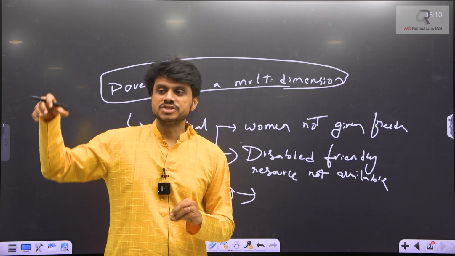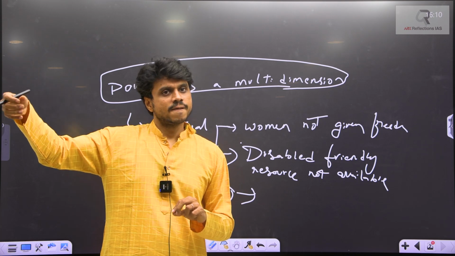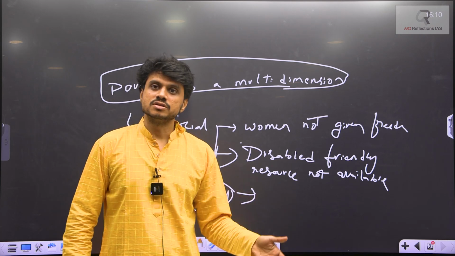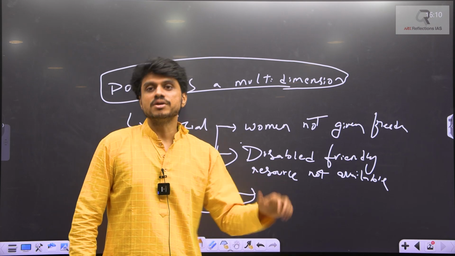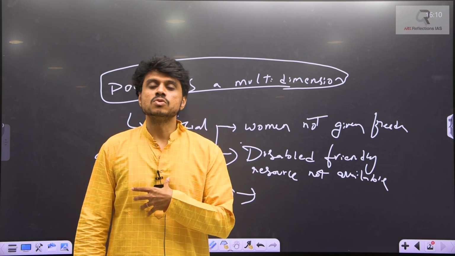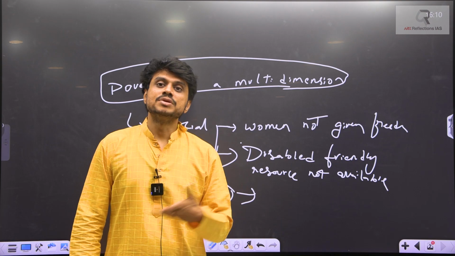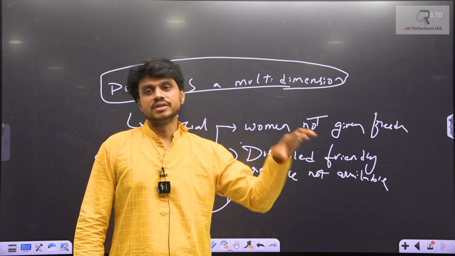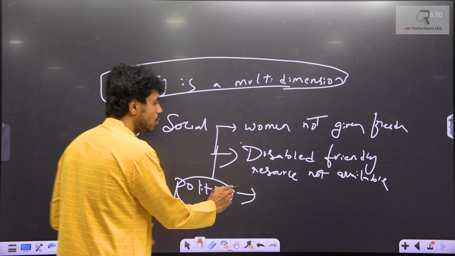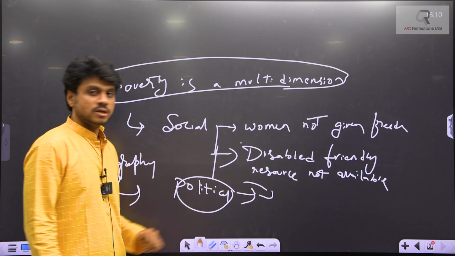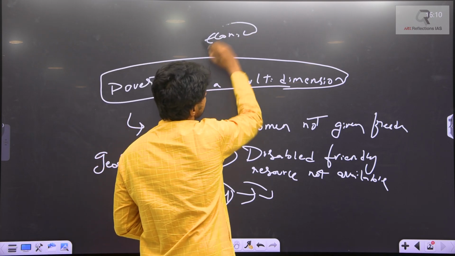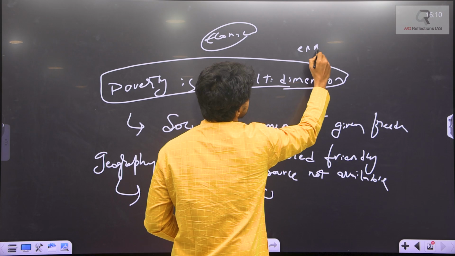For suppose a state has a religion, and if any person practices some other religion, they will not be given any kind of freedom. They are not allowed to come out. They are not allowed to practice their business properly because of their community, because of their faith. So again, there is a political poverty. So it is not just about the economic dimension. Now, I have also told you about the environment.